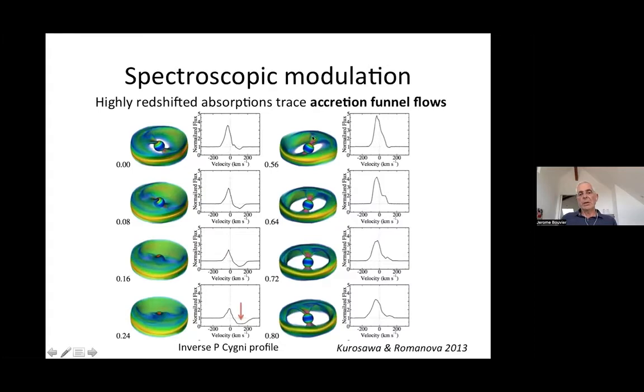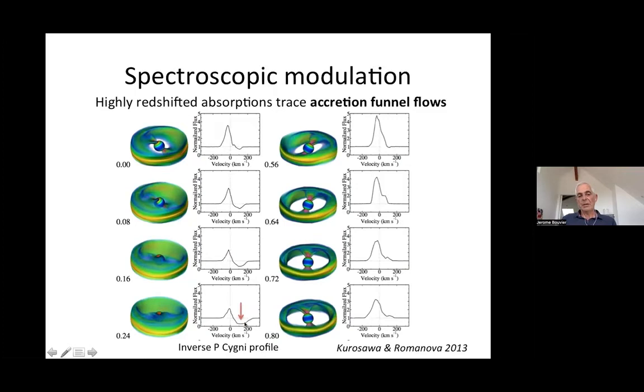Because as I said earlier, at least part of these emission lines form in the accretion funnel flow that contains this hot plasma, which is free falling onto the star. So the line profile should reflect the geometry of the funnel flow, and its variability should reflect the whole magnetospheric structure. One specific signature of funnel flows is what we call the inverse P Cygni profile.